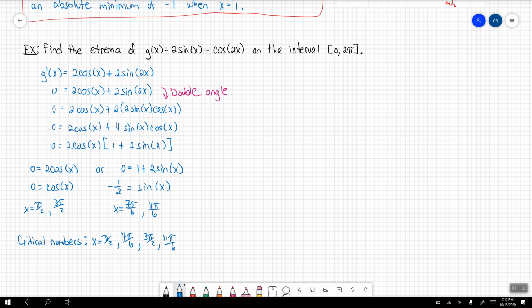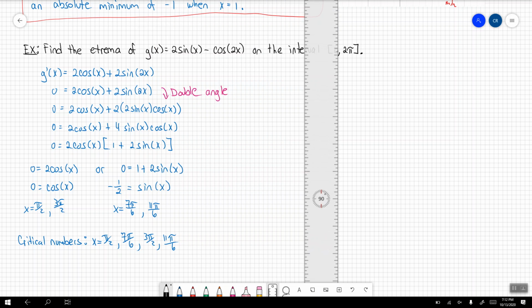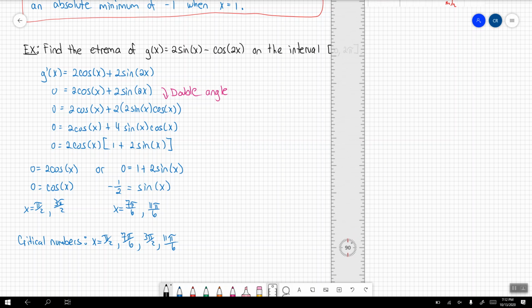So we found 4 critical numbers. We have to test all of them. And not only that, because we're given this function g of x on this interval, we must also test the endpoints of the interval as well. So we have some work ahead of us.